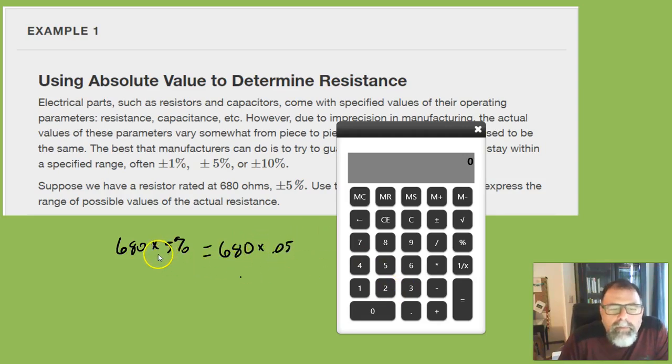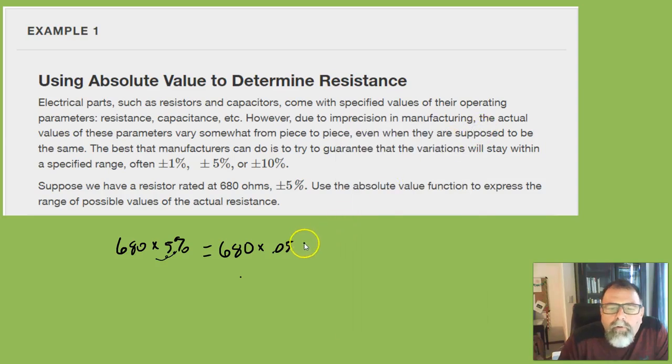Remember you move it 2 decimal places, take away the percent sign, in case you forgot. 680 times 0.05 equals 34. So that's 34 ohms.